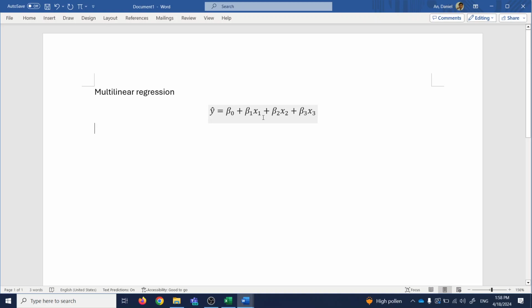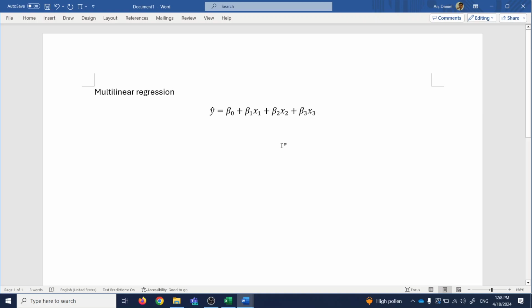That was a simple linear regression where you didn't have more than one predictor. You didn't have this much. You only had beta 0 and beta 1. So for those, I derived the formula using calculus. But now, what do you do if you have beta 2 and beta 3? Same exact deal.